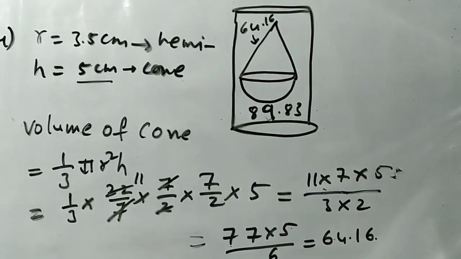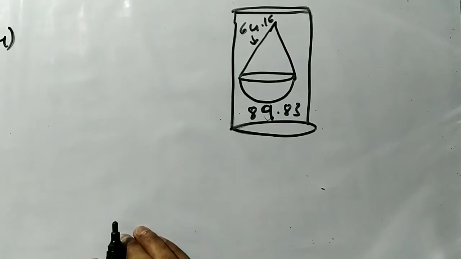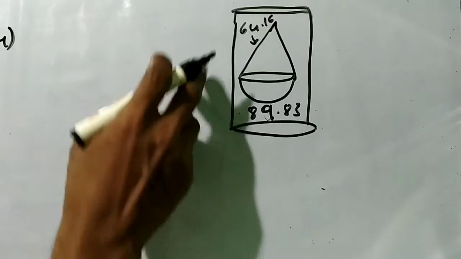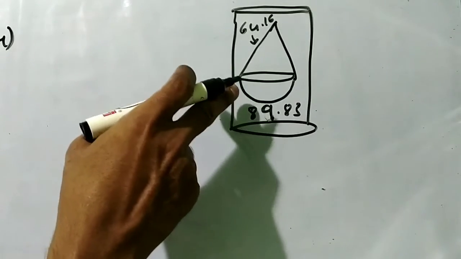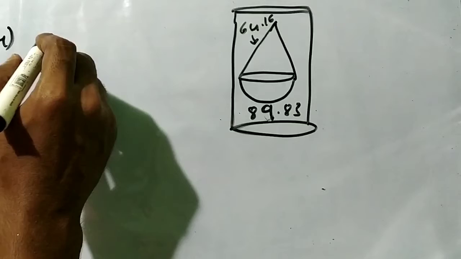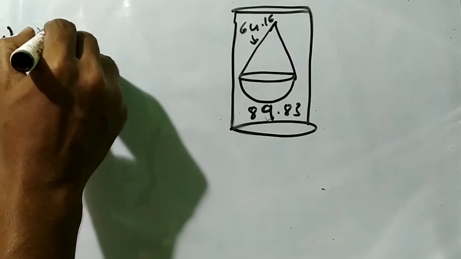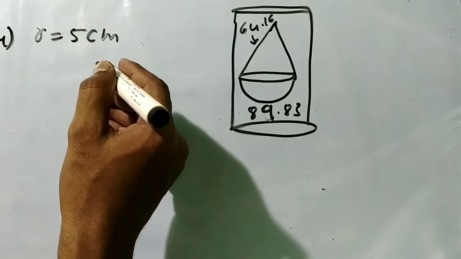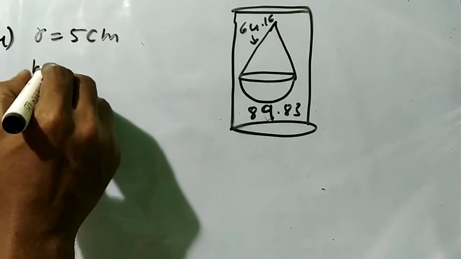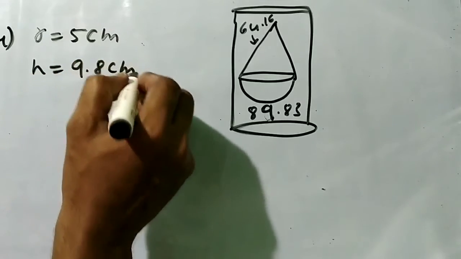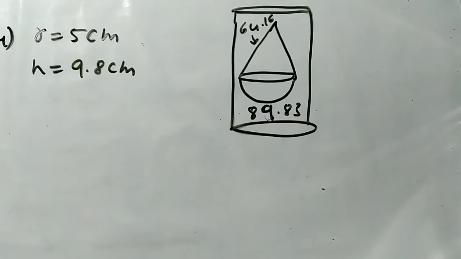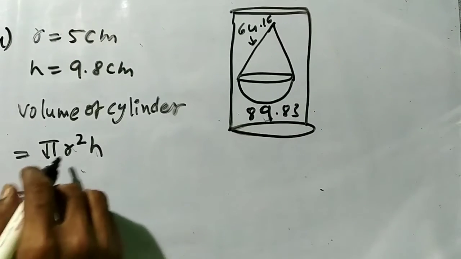We have to find the cylinder now. If you look at the question, you will find other measurements for the cylinder, not the same as those given for the circular cone and hemisphere. They have given R equal to 5 centimeters for the cylinder, and the height h is equal to 9.8 centimeters. So we have to find the volume of the cylinder, which is pi r square h.